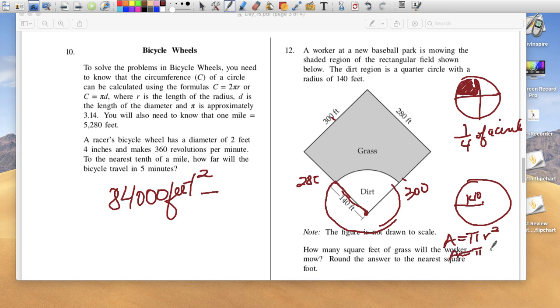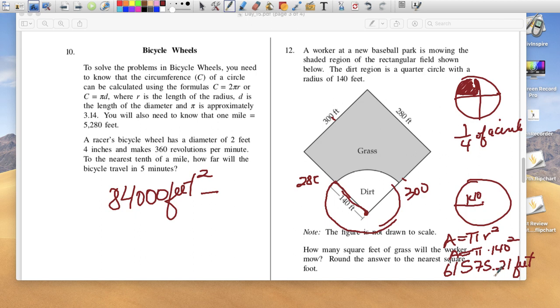A equals pi times 140 to the second power. 140 times 140 equals 19,600. I'm going to multiply that by pi, and the numerical answer is 61,575.21 feet squared.